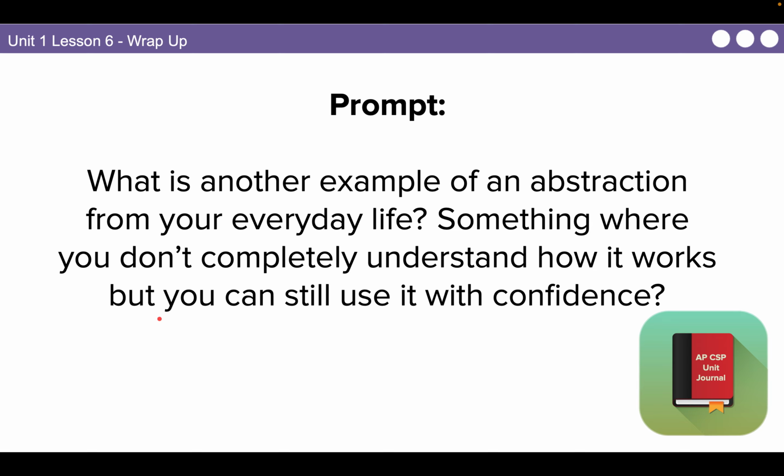What's another example of an abstraction from your everyday life? So something where we don't completely understand what's going on beneath the surface, but we can still use it with confidence. Maybe you're not a driver yet, but you know what a car looks like. Imagine you're in the driver's seat of a car and you've got a steering wheel and a couple of pedals and maybe some buttons. You don't necessarily know what all is happening to make the car go when you hit the gas pedal.